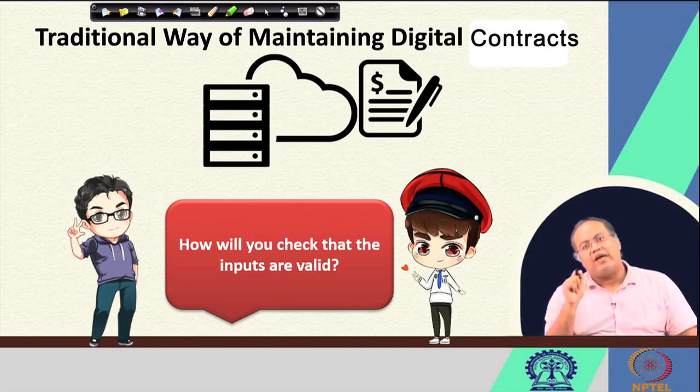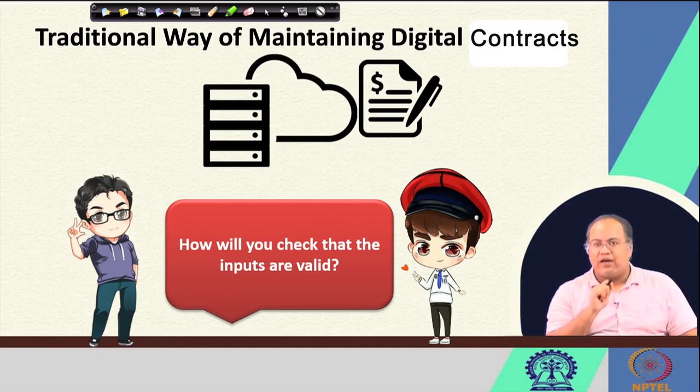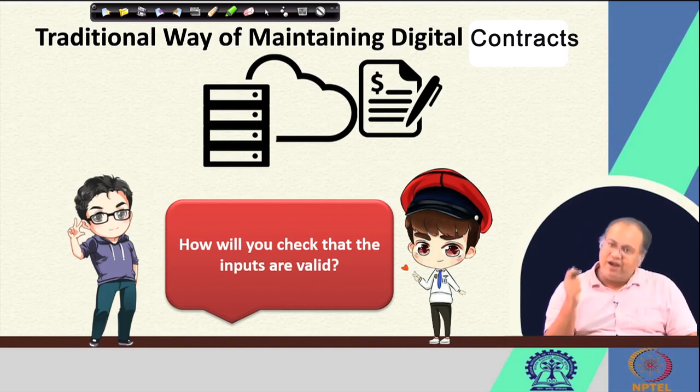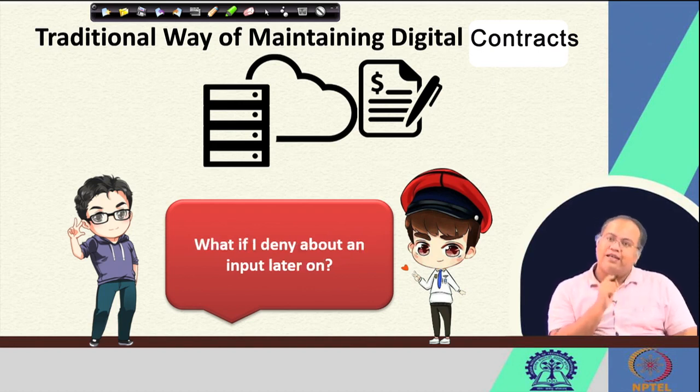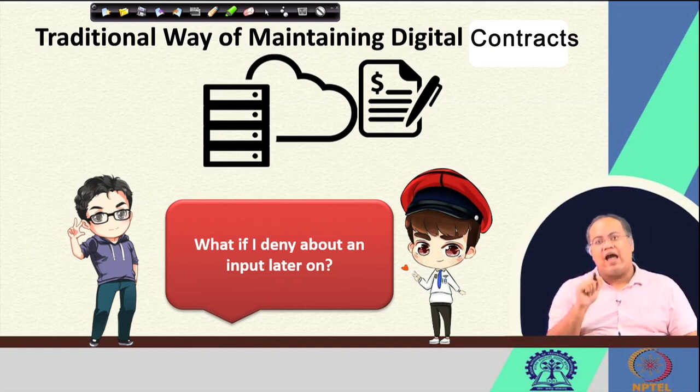Because I am going to submit the input to the cloud, and you cannot really see what that input is. Even if you are able to see the input, how will you claim that this is the input that has been submitted by me? It might always happen that later on I deny that I submitted that input, and say some other person impersonated me and submitted the input.